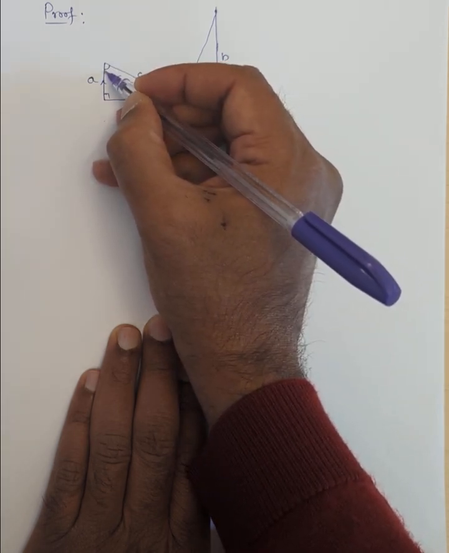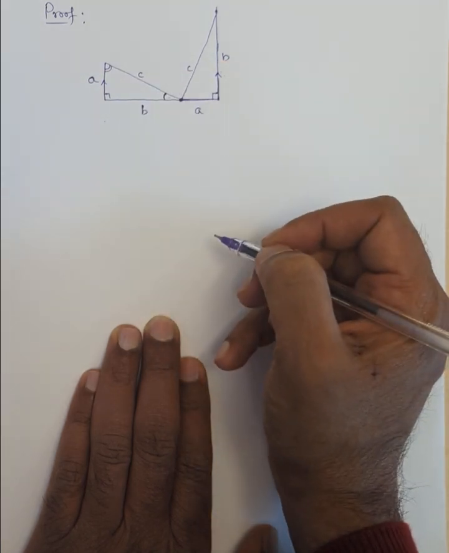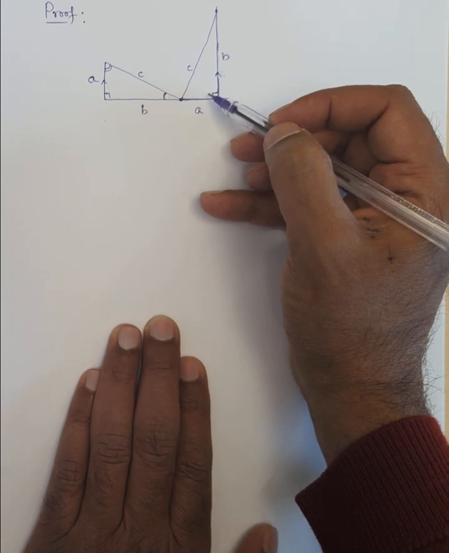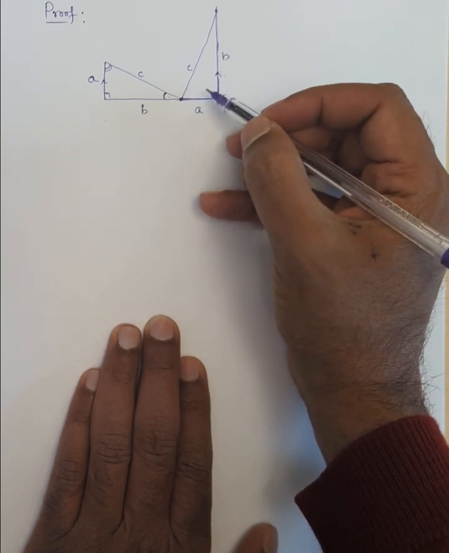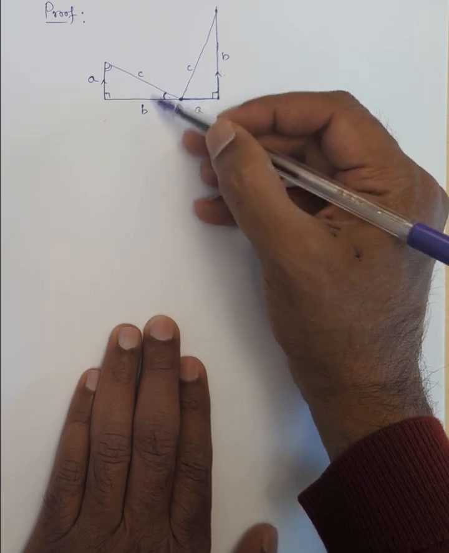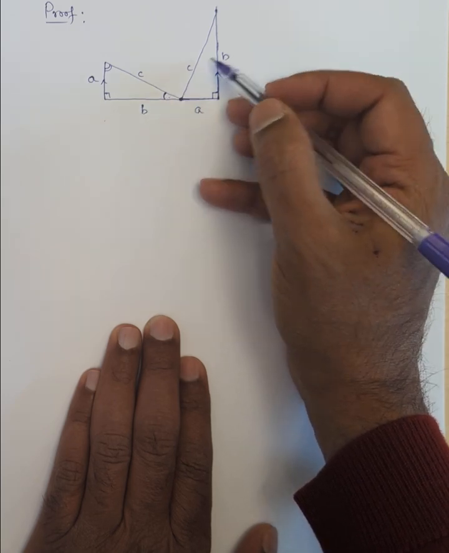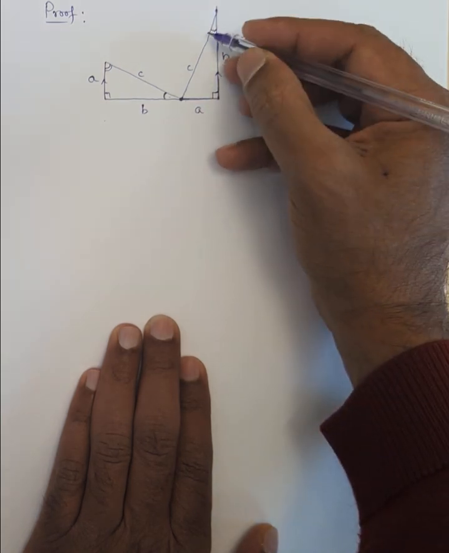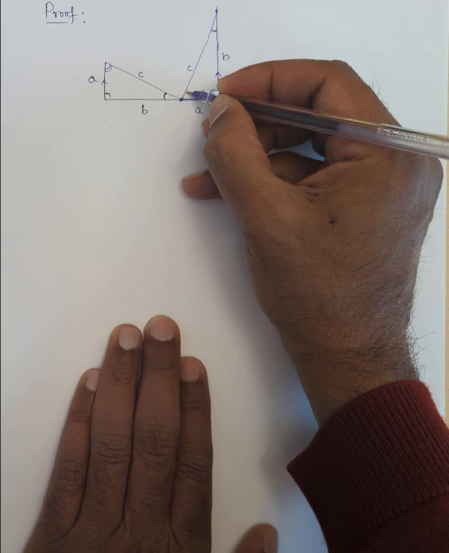These are complementary angles, they add up to 90 degrees. For the second triangle, the single arc corresponds to the angle between the side lengths B and C. So this is going to be the single arc because B and C are here, and that's going to be the double arc.